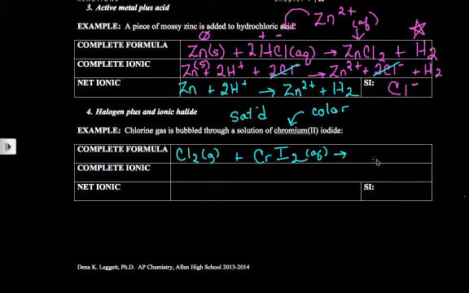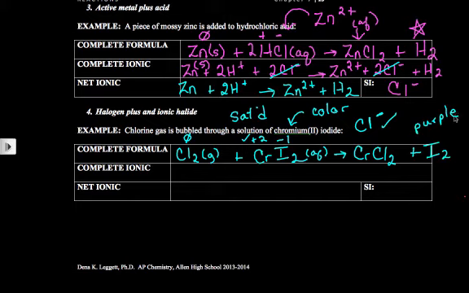And I will get chromium this time. This is 0, this is plus 2, this is minus 1. Now, when chlorine goes into an ionic compound, it wants to be chloride. Anions dance with cations. So the chloride is going to go with the chromium, and that leaves iodine. Iodine is purple, so you would see that characteristic color there.